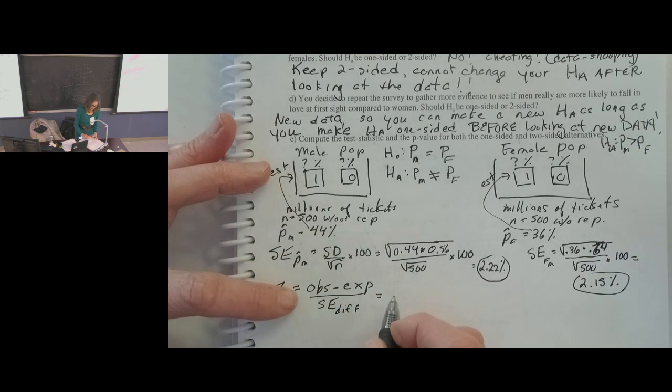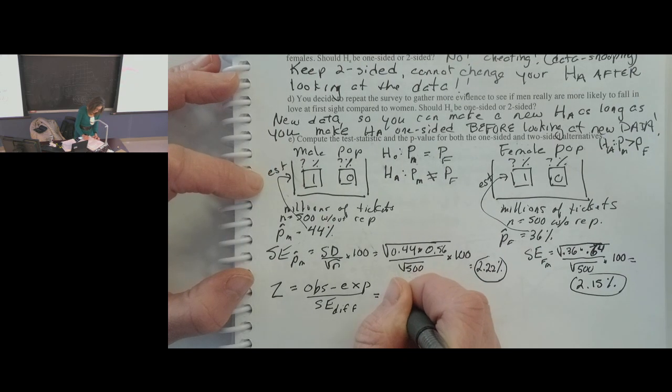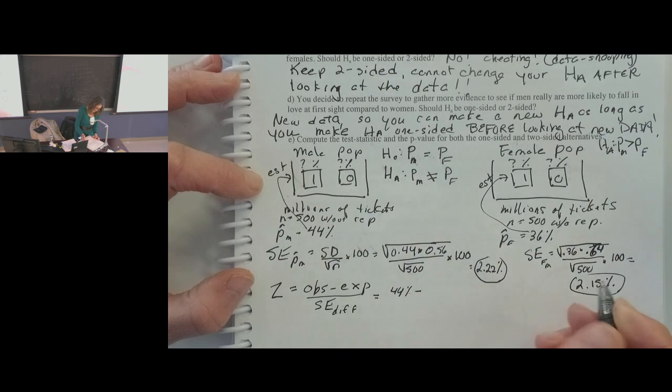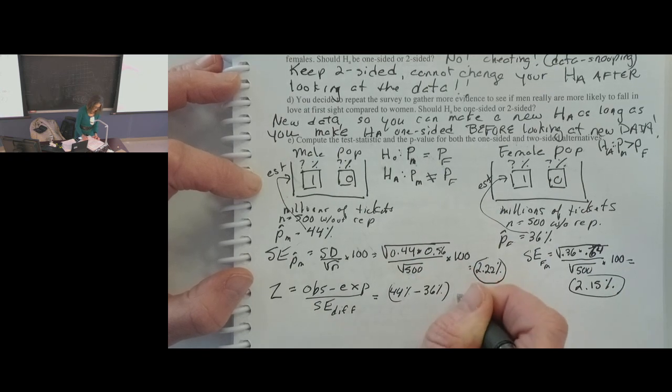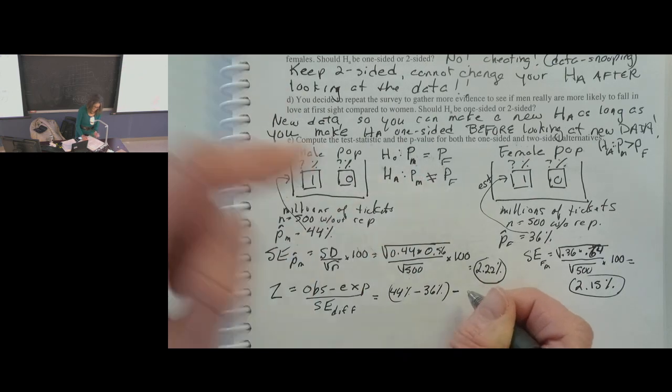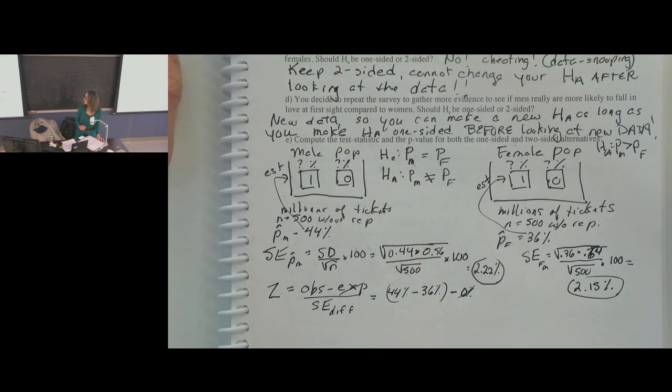Our observed difference is 44% minus 36%. That's our observed, that 8%, minus our expected, which is 0 difference. That's why we can just cross that out. It's always 0 for the problems we're looking at.